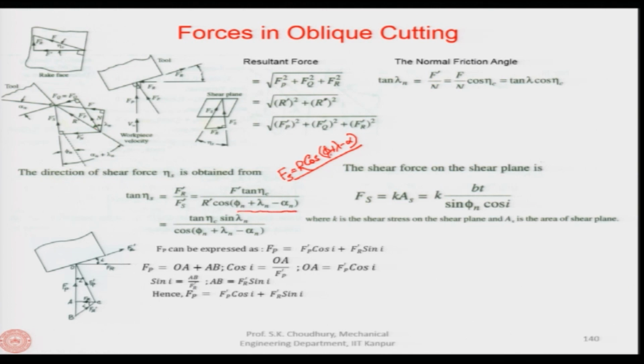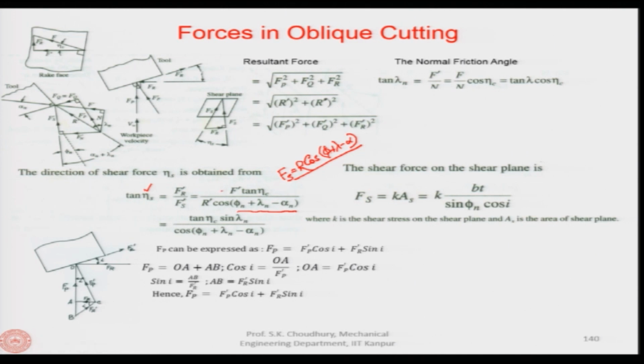So, therefore, all these angles are in the normal plane. This is the Fn, this is the lambda n, and this is the alpha n plus lambda n. So, you can find out these angles, and the tan nu s can be written as tan nu c sin lambda n divided by cos of phi n plus lambda n minus alpha n.